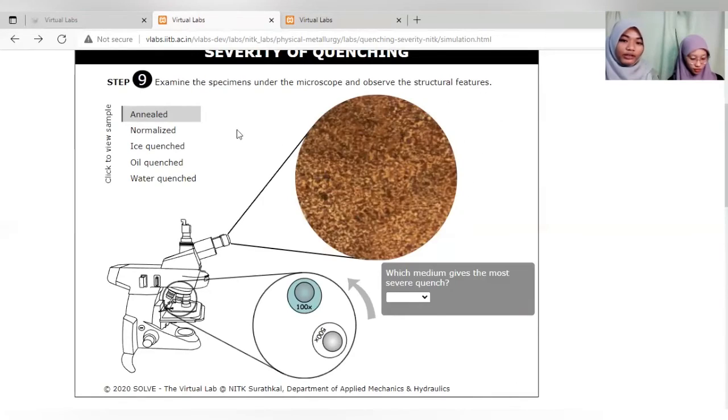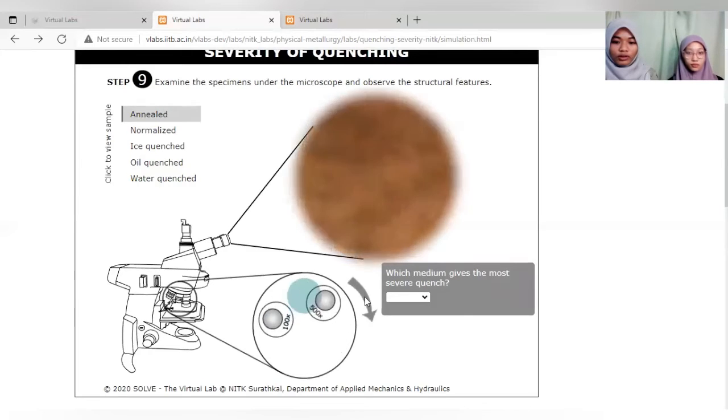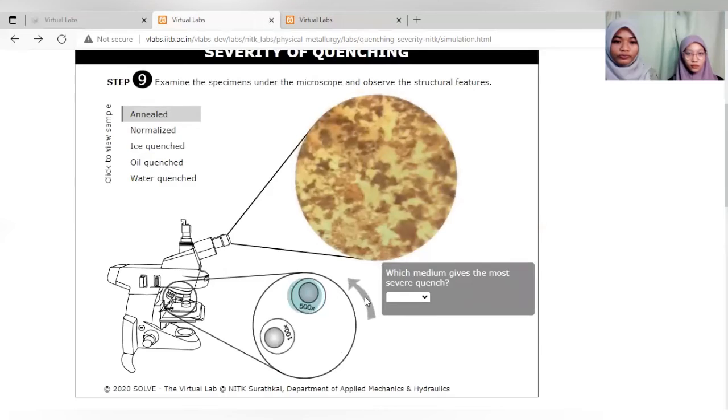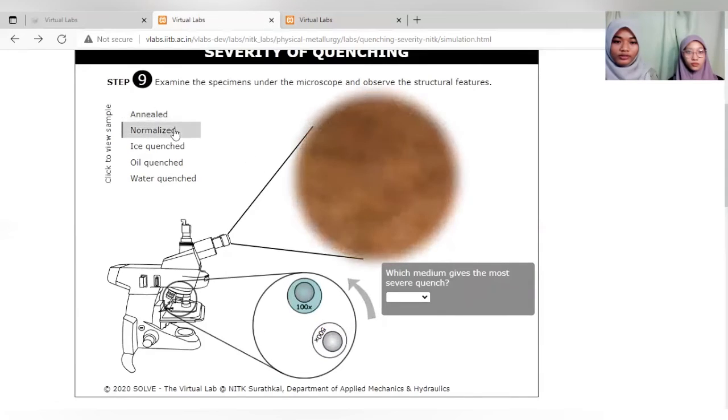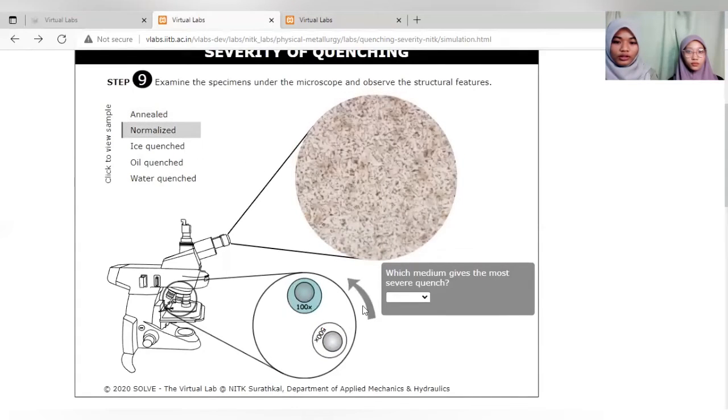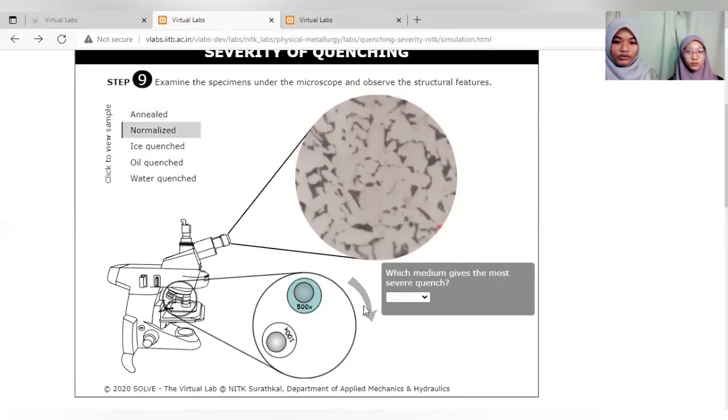For step 9, examine the specimen under the microscope and observe the structural features. This is for the annealed specimen. As you can see, the structural features. This is at 100 zoom, and this is at 500 zoom, and this is for normalized. As you can see, the structure.